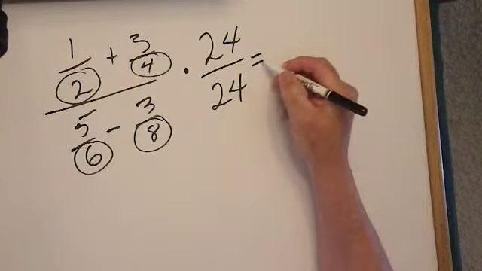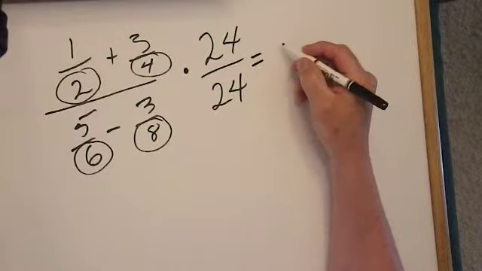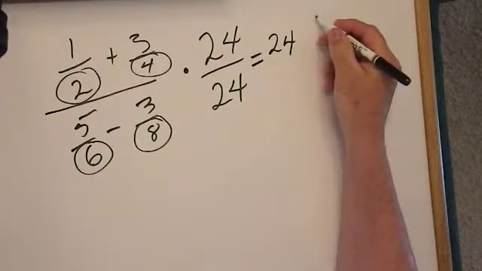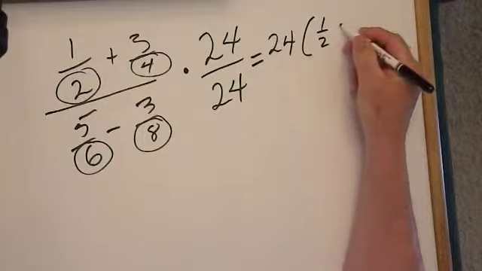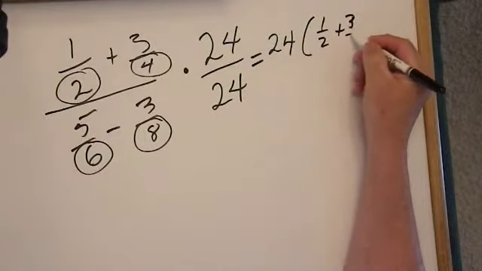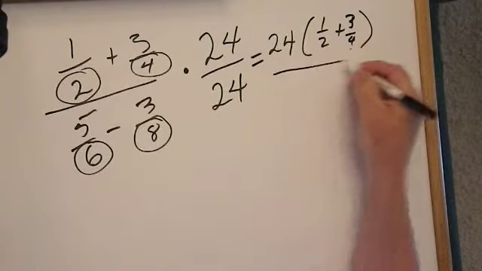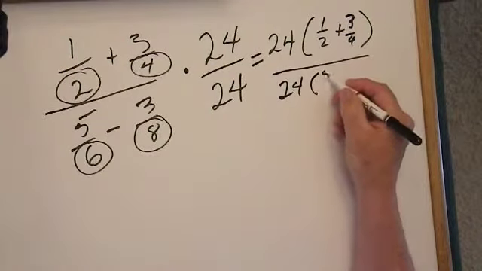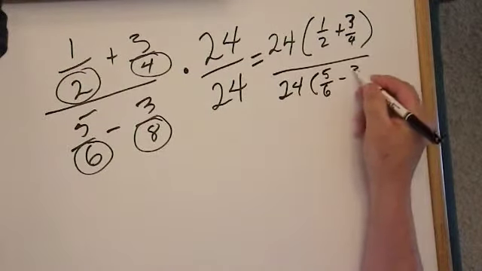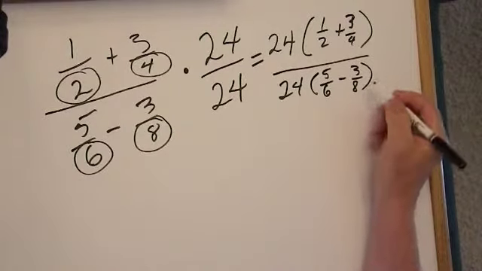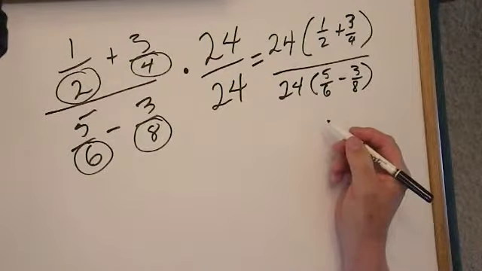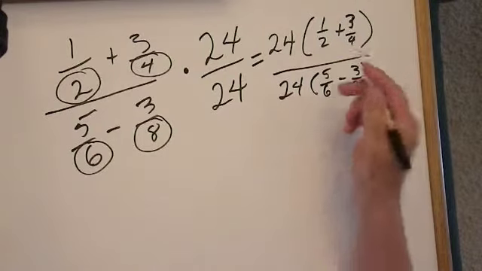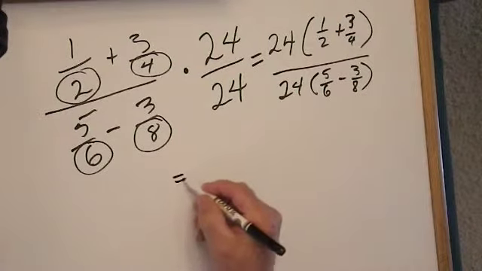So that's going to be equal to 24 times 1 over 2 plus 3 over 4 all over 24 times 5 over 6 minus 3 over 8. Okay, so far? Now to do that, you multiply each term in the bracket.